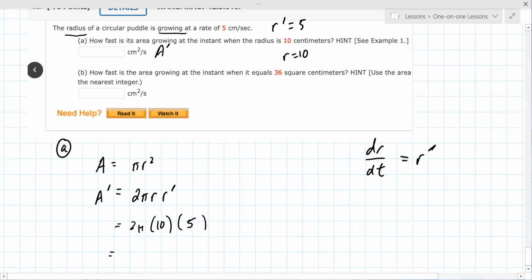It does say to round to the nearest integer, so it's 100 times pi, which is 314. So all we did was take r prime, take the area formula, get the derivative of it, plug in r prime and the radius, and got that.